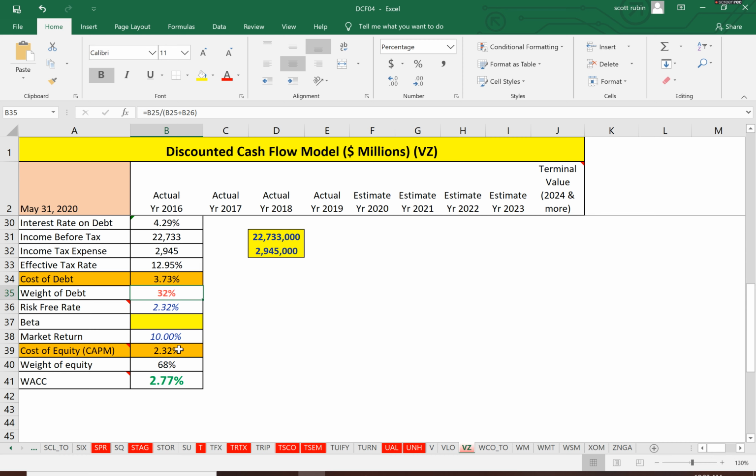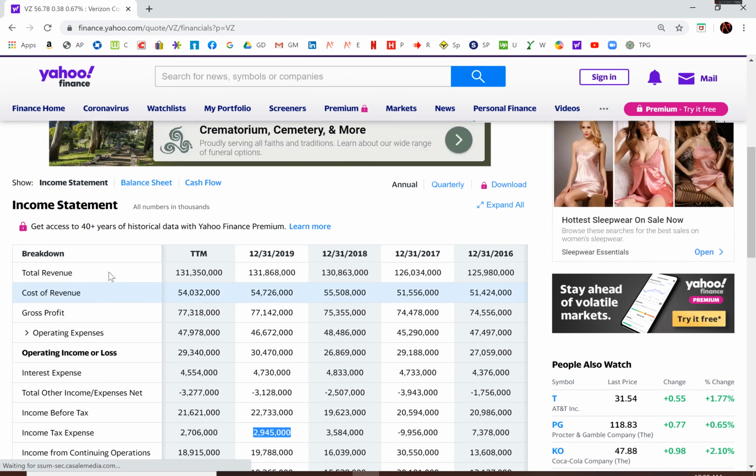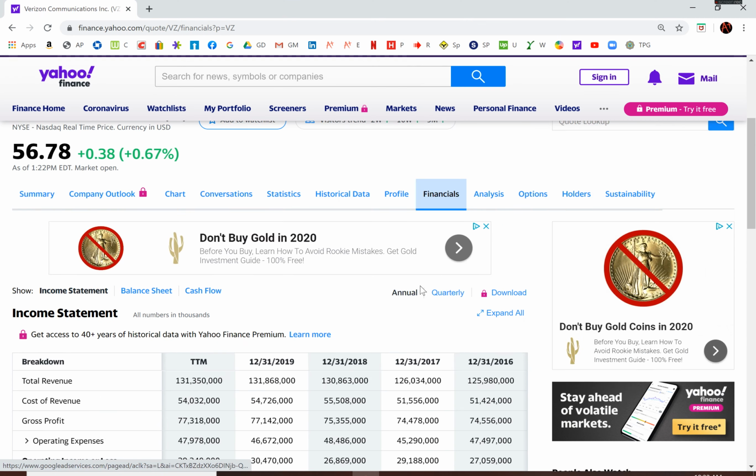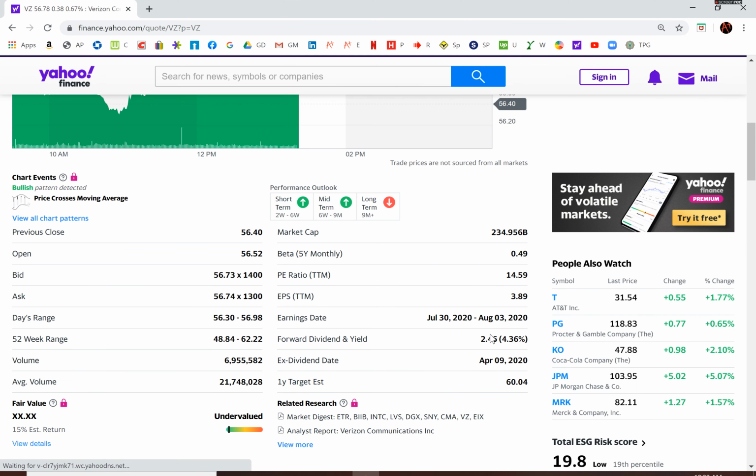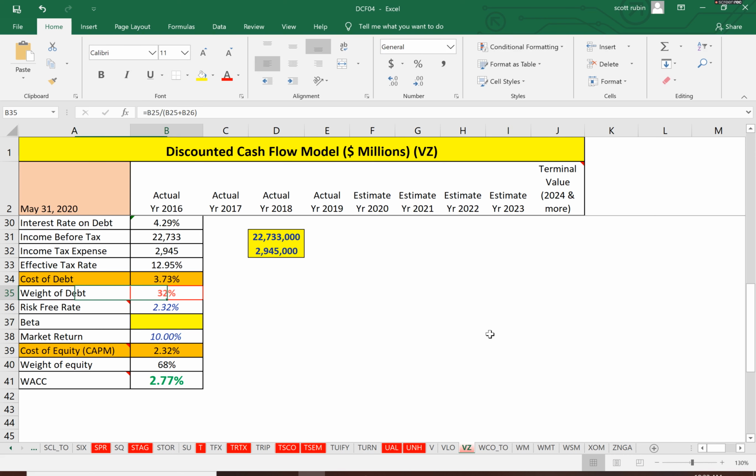Now we need a cost of equity. So let's get the beta. The beta is the volatility of the stock. And they have a really low beta, 0.49. The cost of equity, we calculate using the CAPM model, the capital asset pricing model, and that's 6% versus the cost of debt of 3.7%.